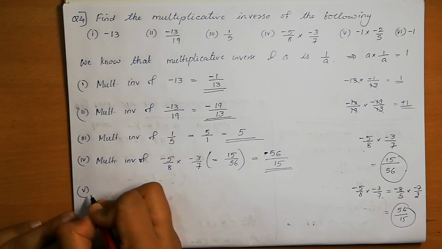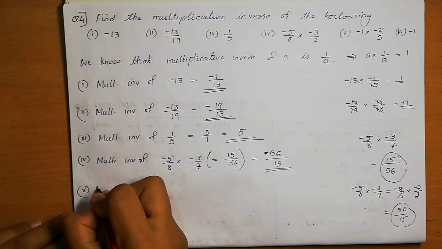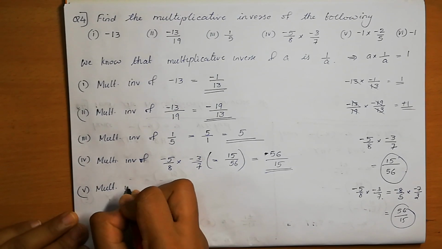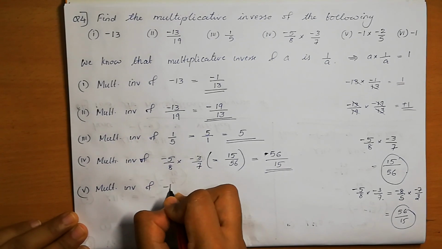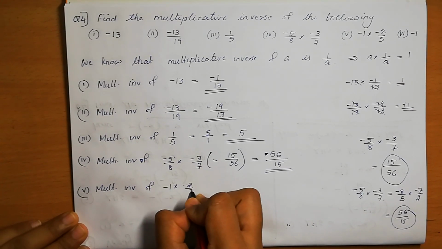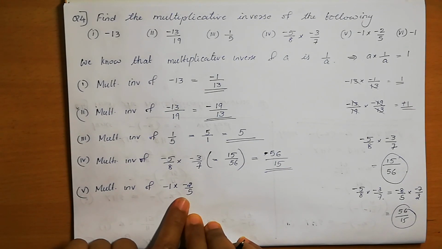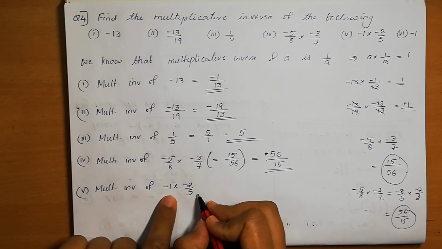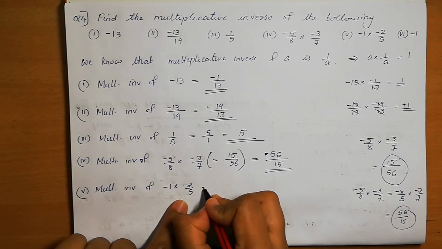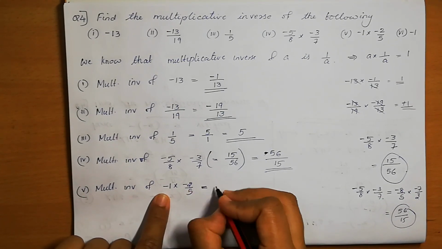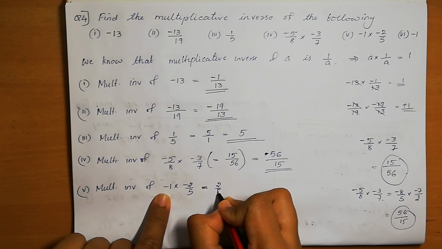Next, fifth one. Multiplicative inverse of minus 1 into minus 2 by 5. How can we write this? Minus 1 into minus 2 by 5 should be equal to what? Minus minus plus, 2 by 5. Correct.